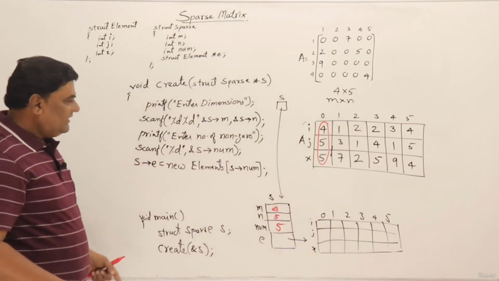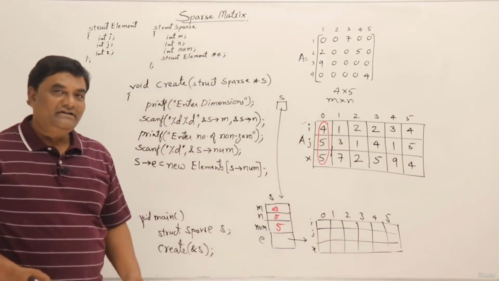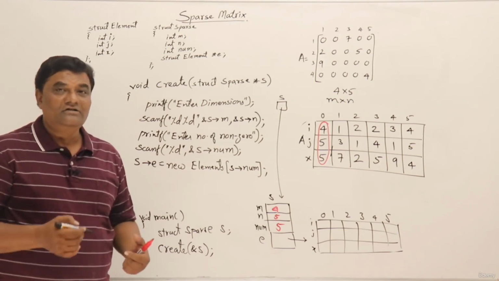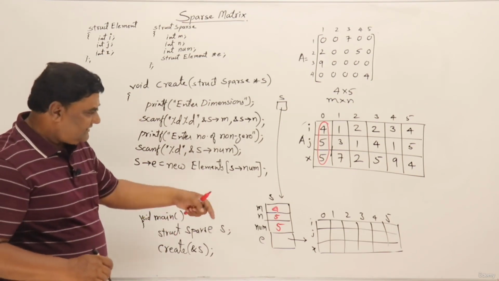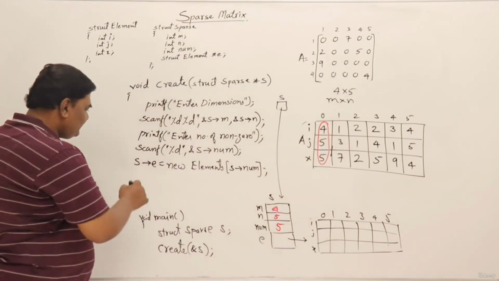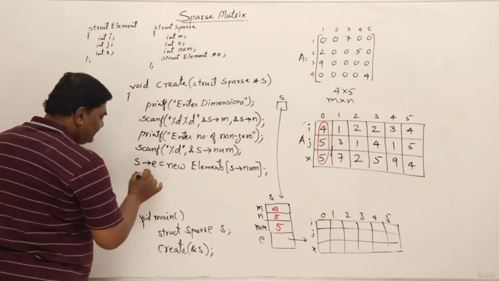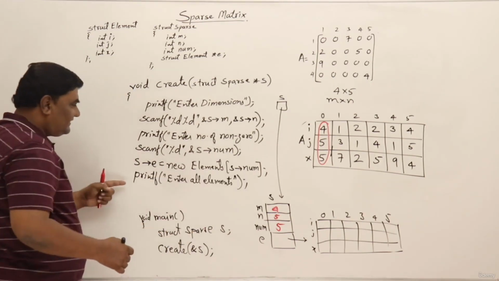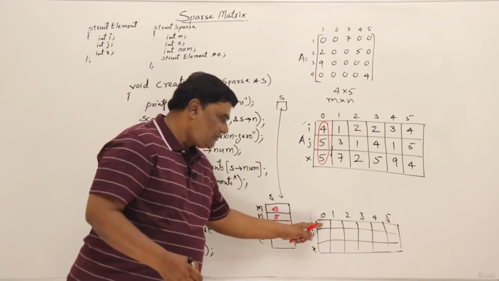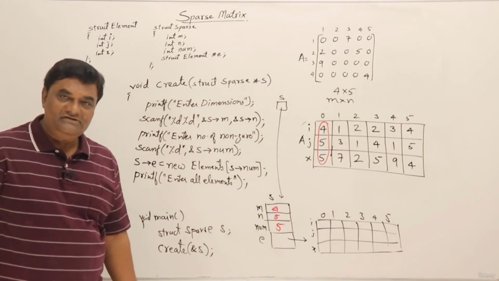So this is ready. Then I have to fill all these elements one by one. So I can say "enter all non-zero elements" and read all of them one by one using a for loop. Printf "enter all elements". Each element will have a row number, a column number and the element itself, so I have to read all three values for each element.